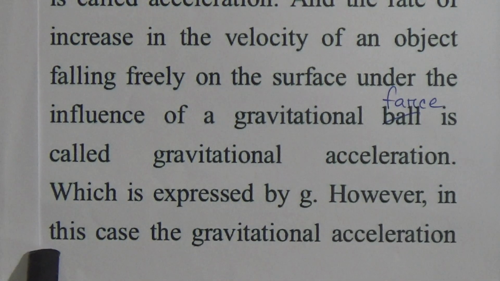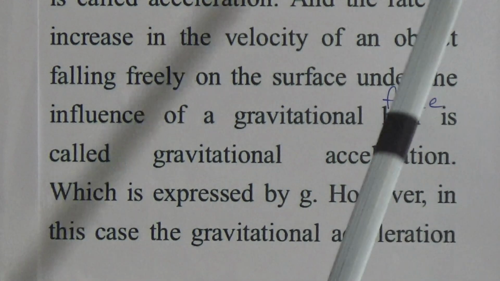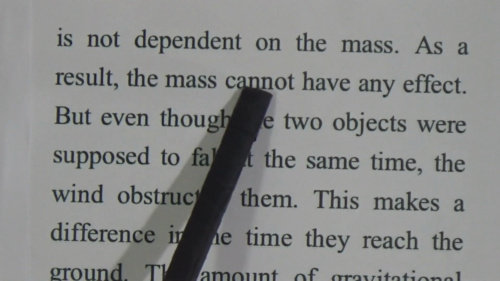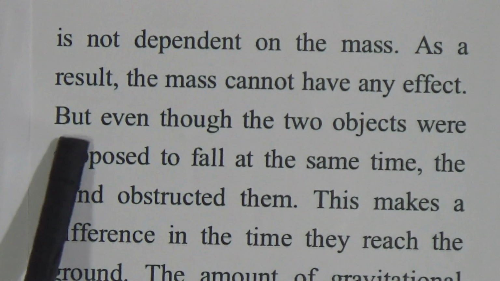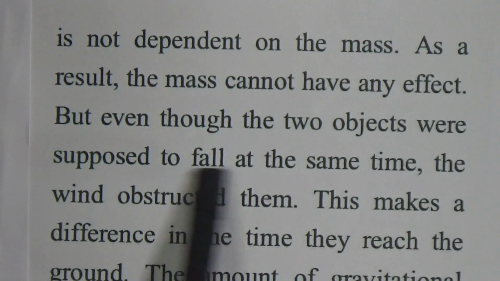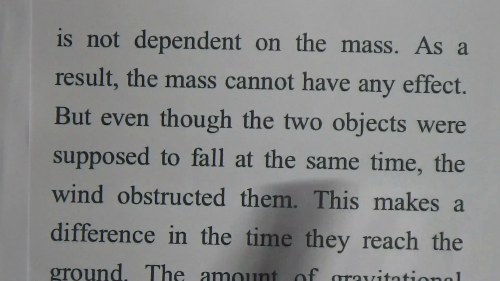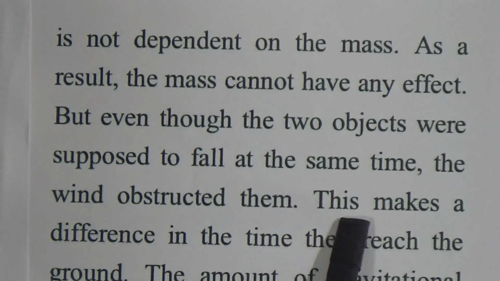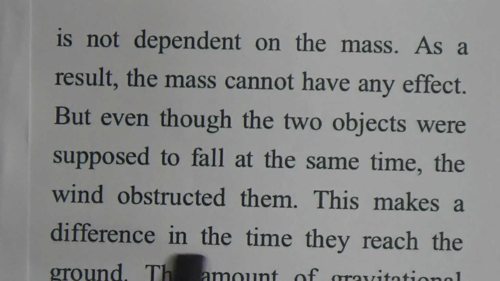In this case, the gravitational acceleration does not depend on the mass. As a result, the mass cannot have any effect. The two objects were supposed to fall at the same time, but the wind obstructed them. This makes a difference in the time they reach the ground.